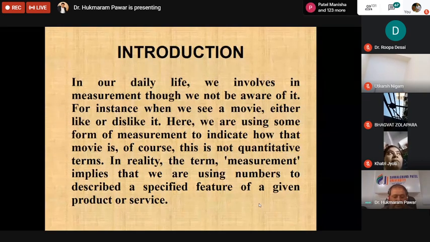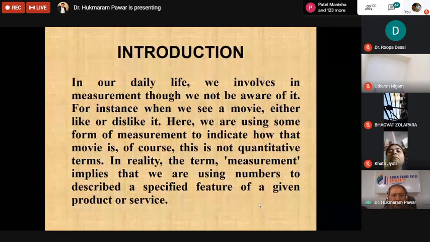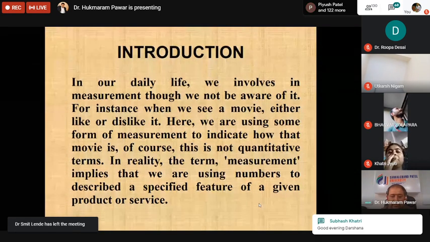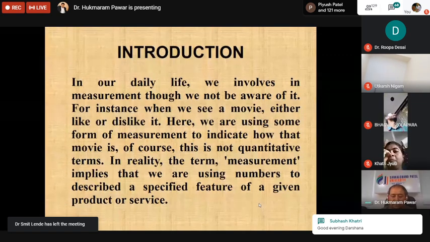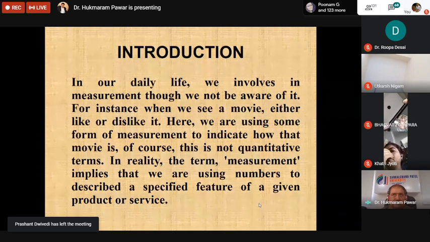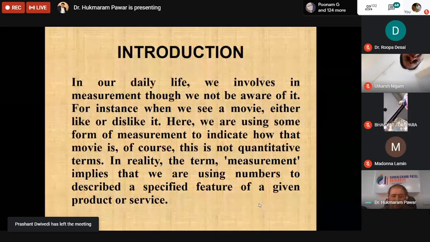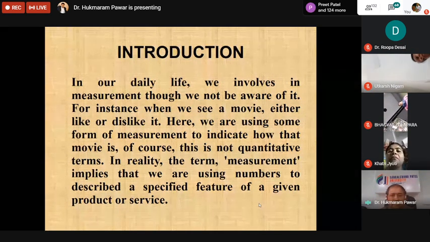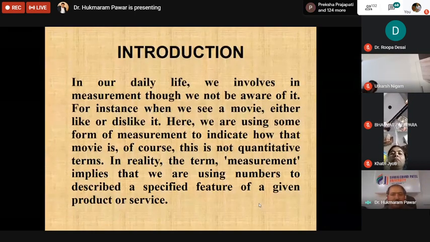Dear friends, measurement and scaling are widely used in the social sciences as well as in the research field. In our daily life, we are involved in measurement, though we may not be aware of it.